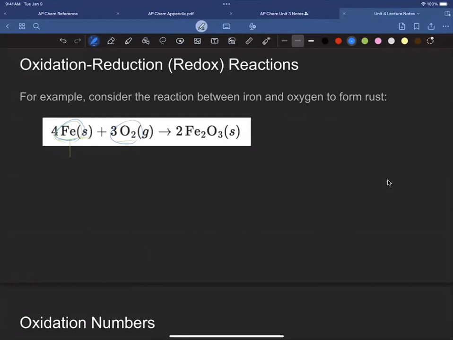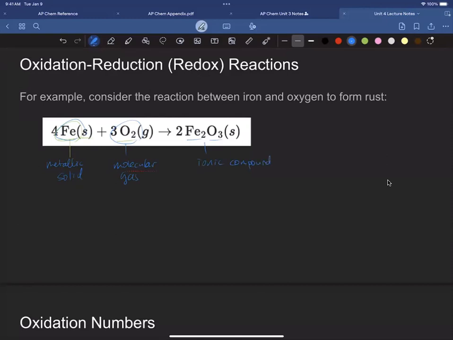But look at what it becomes. It becomes an ionic compound, right? Before, this was just a metallic solid, and this was just a molecular gas. But it becomes an ionic compound, right?